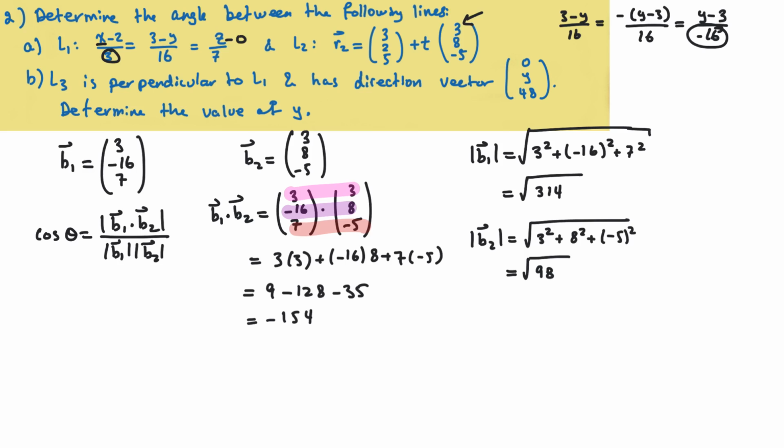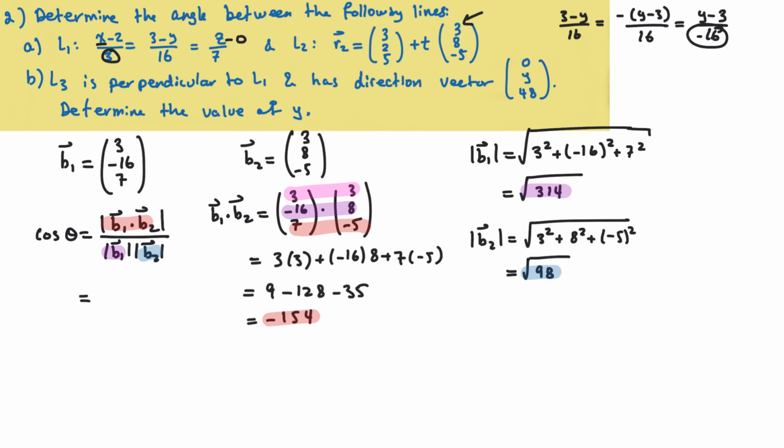Now we can plug all the information into our equation. So let me highlight some values here. This is going to go here, this is going to go here, and this is going to go here.